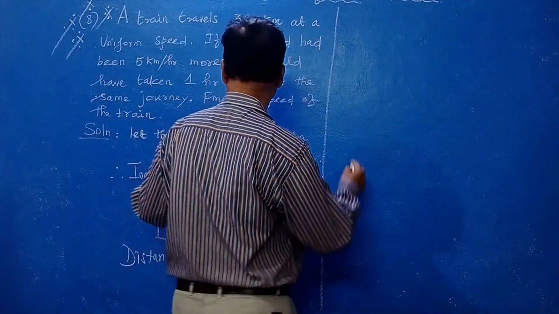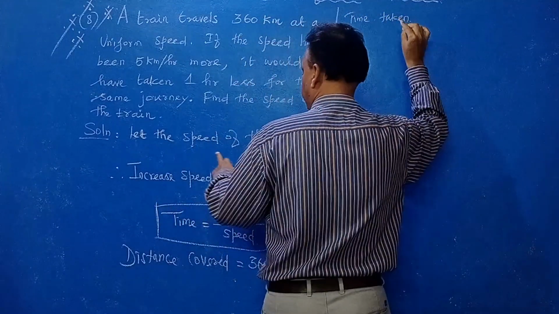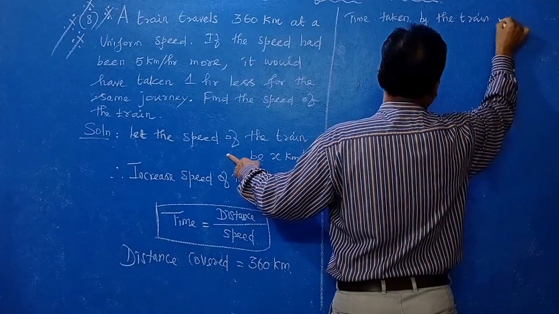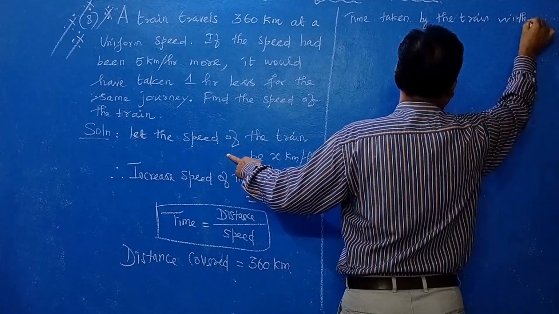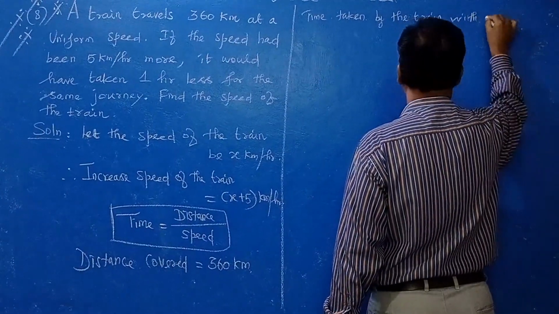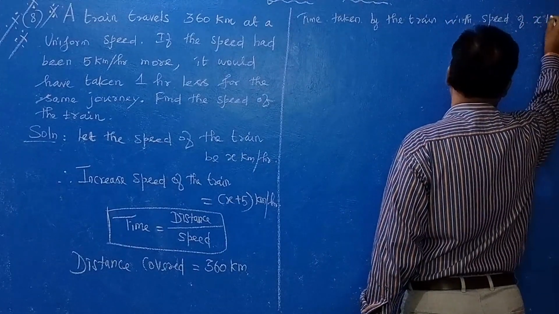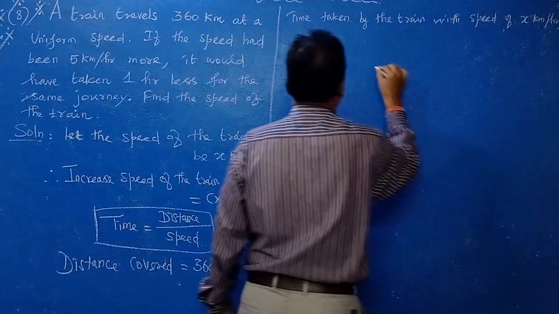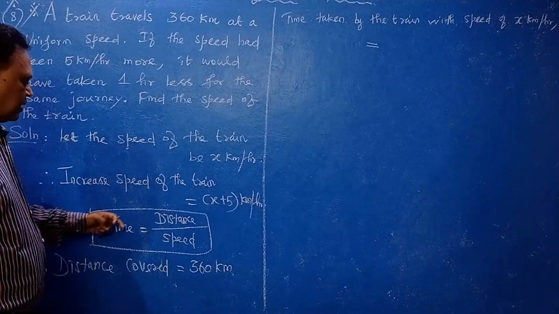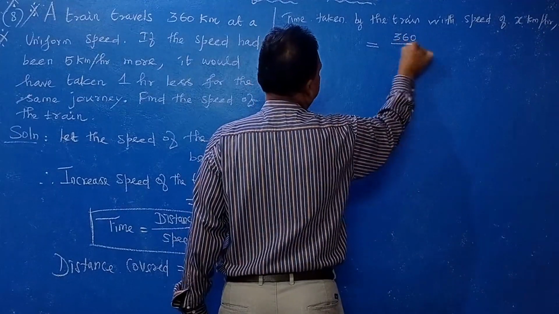Therefore, the time taken by the train with x kilometer per hour speed is equal to distance by speed, that is 360 by x.